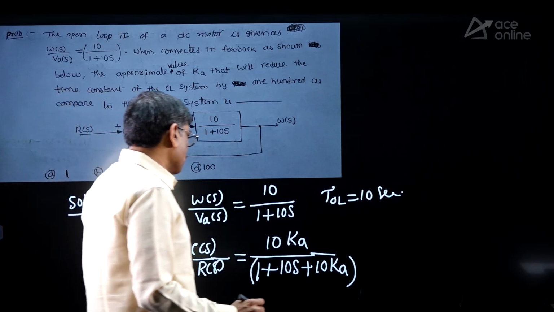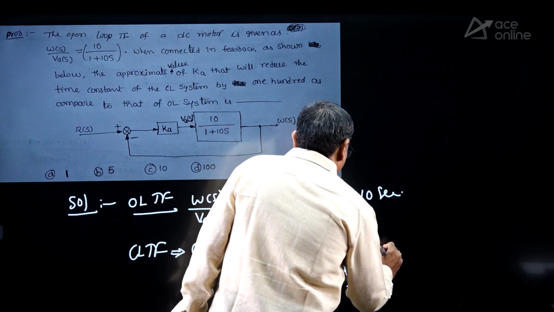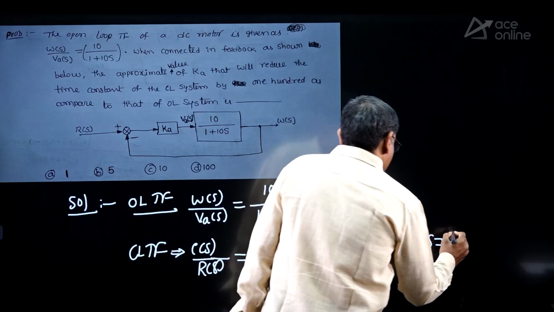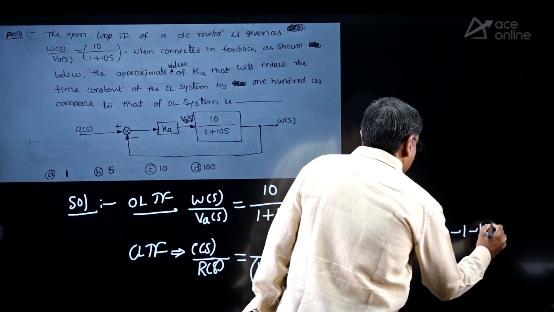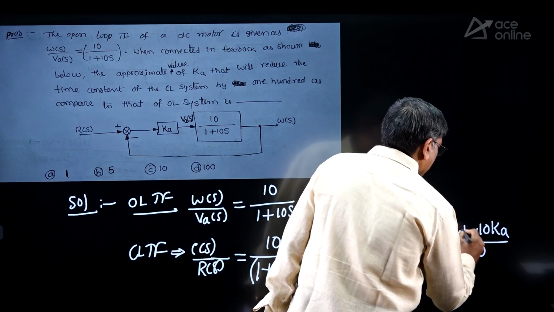Now what is the closed loop pole location? Closed loop pole s equals -(1 plus 10 Ka) by 10.